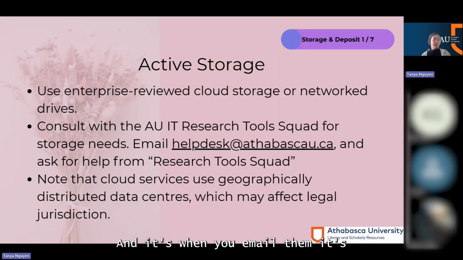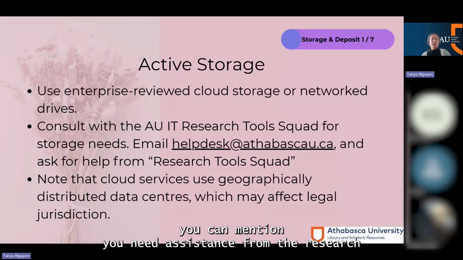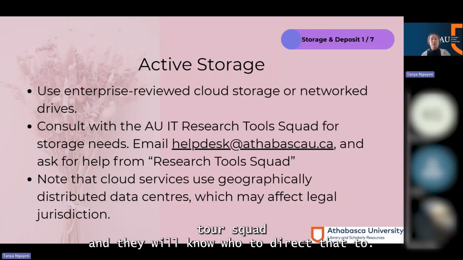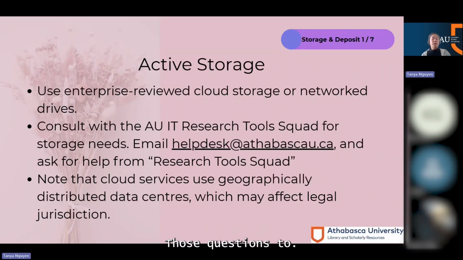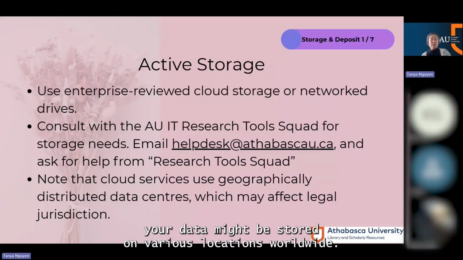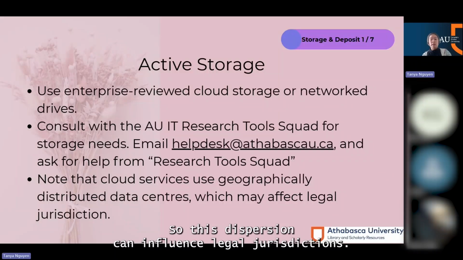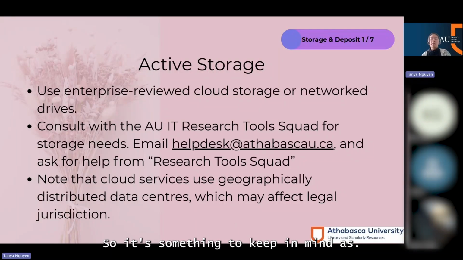When you email them, you can mention you need assistance from the Research Tool Squad, and they will know who to direct those questions to. Remember, when using cloud services, your data might be stored in various locations worldwide. This dispersion can influence legal jurisdictions, so it's something to keep in mind.